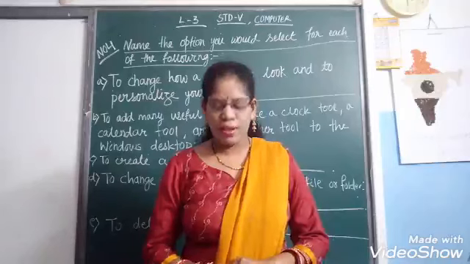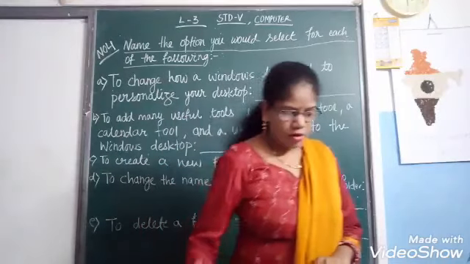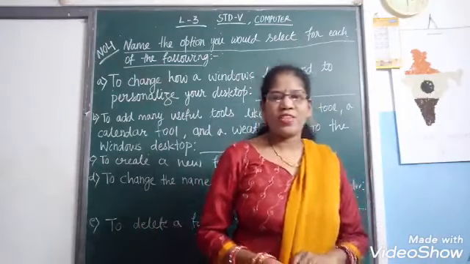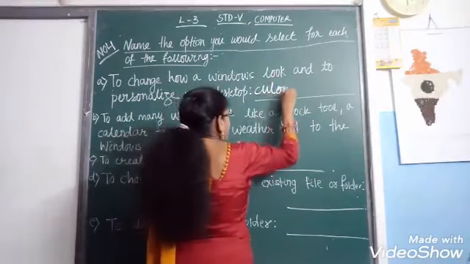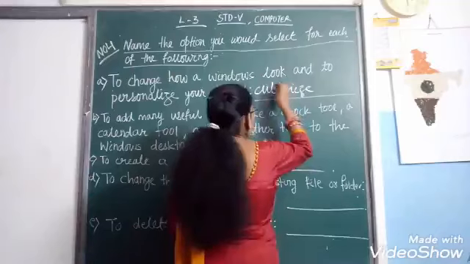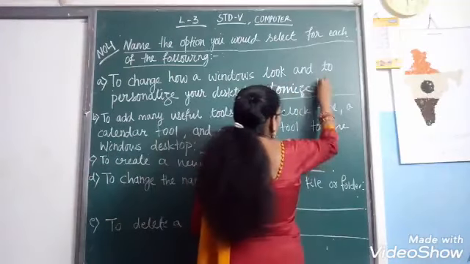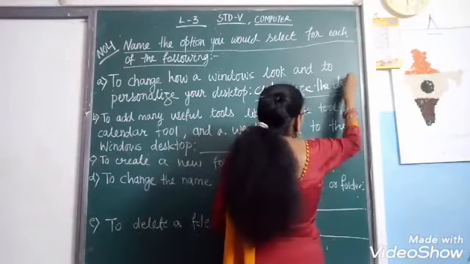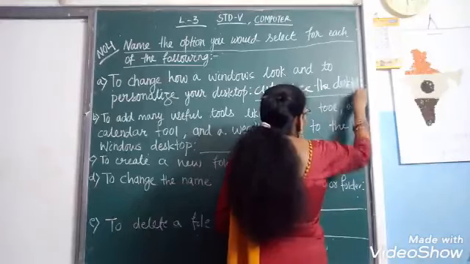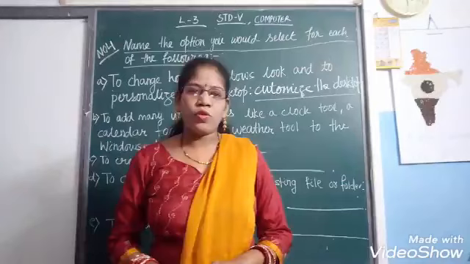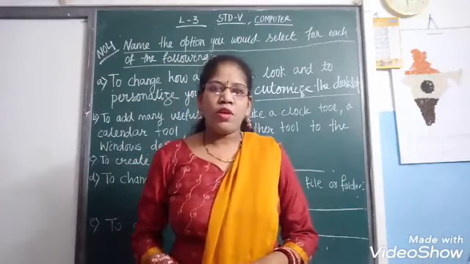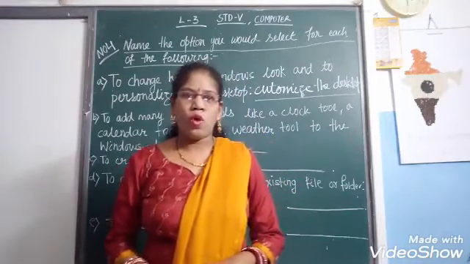You have to click on customize the desktop. This option you have to click. After that you can do according to your wish which looks you want, appearance you want.